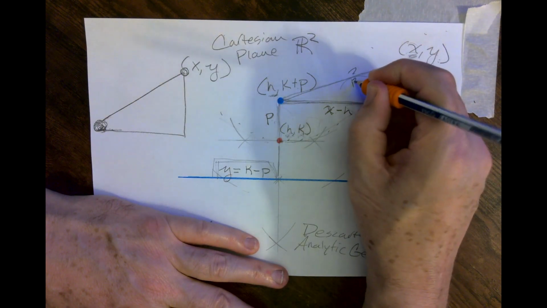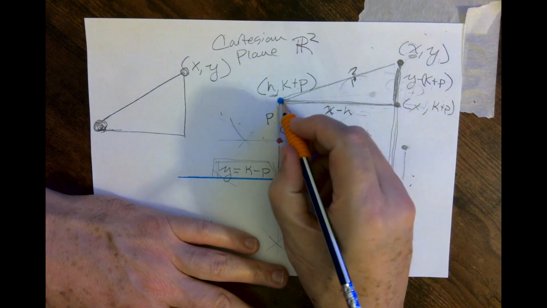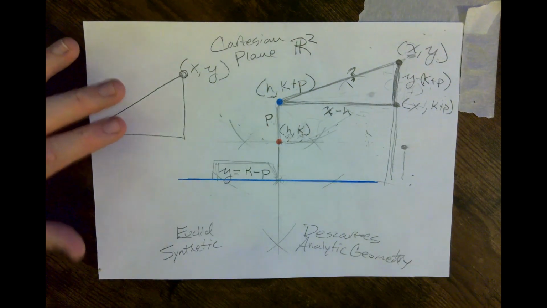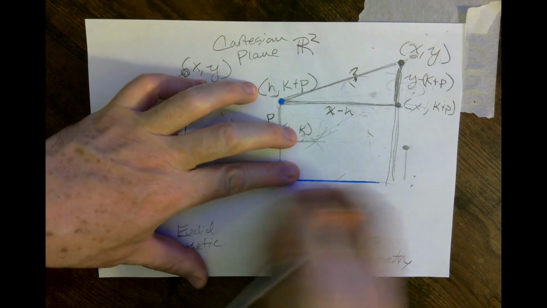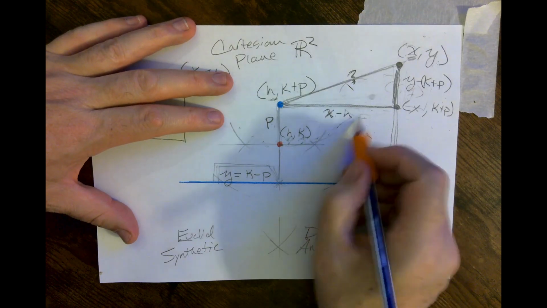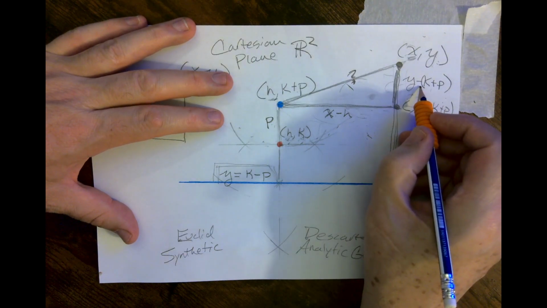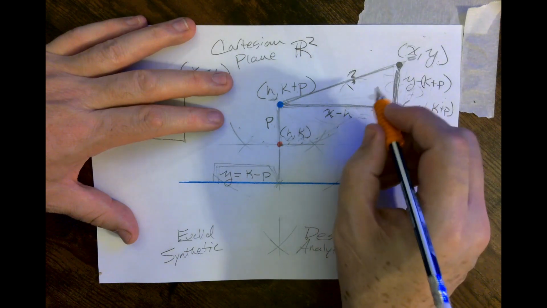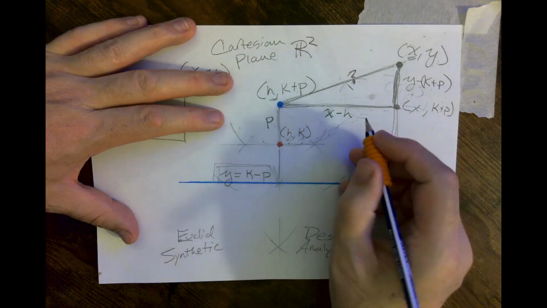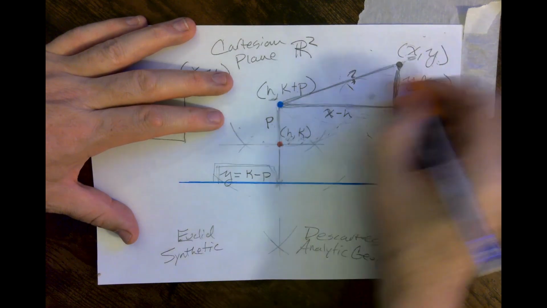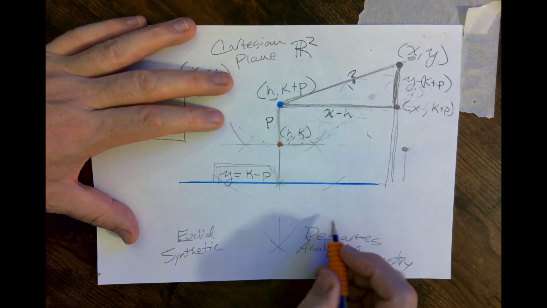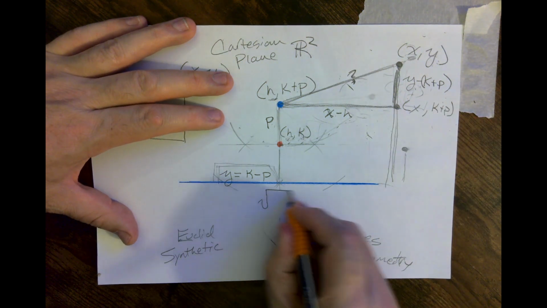So we want to know this distance here. Well, the Pythagorean theorem tells us that this squared plus this squared is equal to that squared. So this distance is the square root of this squared plus that squared. So we can find that.